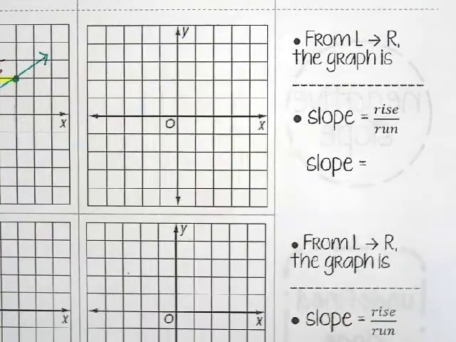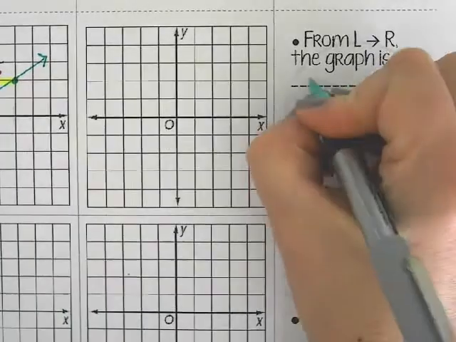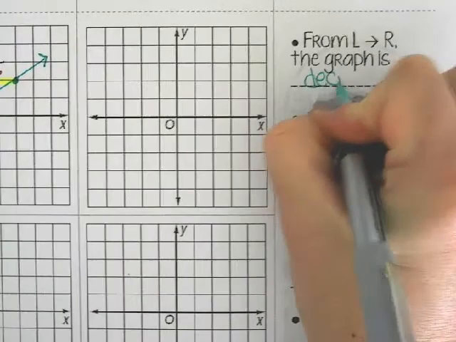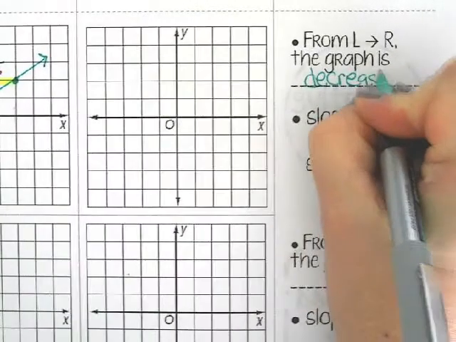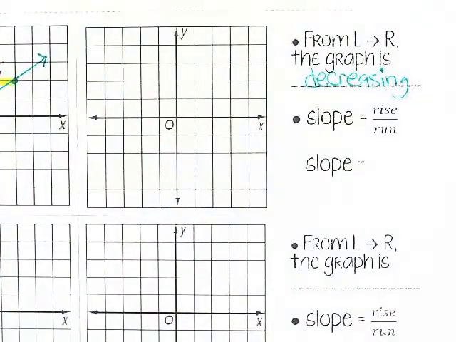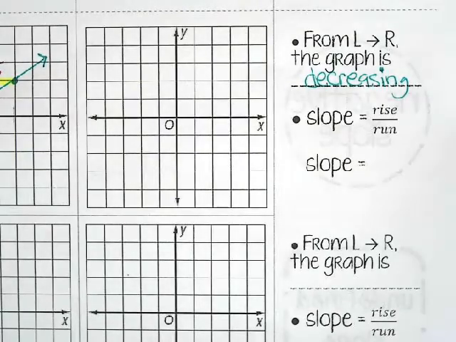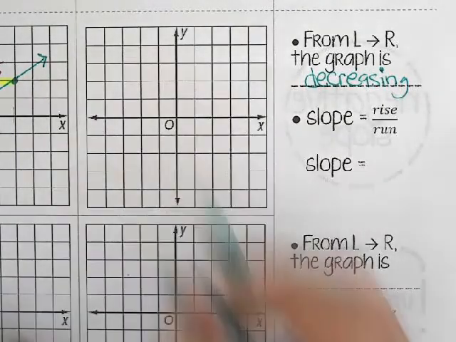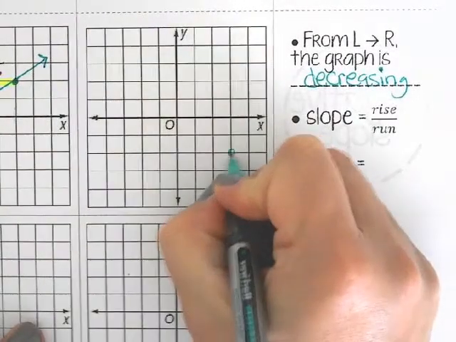From left to right, the graph is decreasing. I'm going to pick 2 points. I'm going to use 3, -2. So I'm going to go over 3, down 2.